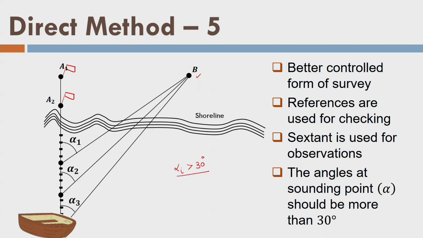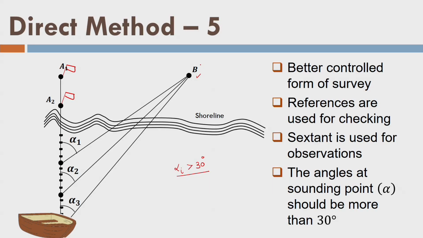I hope you can understand the difference between method 4 and method 5. In method 4, we have one person over B and one surveyor in the boat, that means 2 persons coordinating among each other. Now we don't have that problem. The whole survey team is in the boat, and we have marked points A1, B and A2. Using our own sextant instrument, we measure the angles alpha 1, alpha 2 and alpha 3 at regular intervals, let us say every 10th reading.